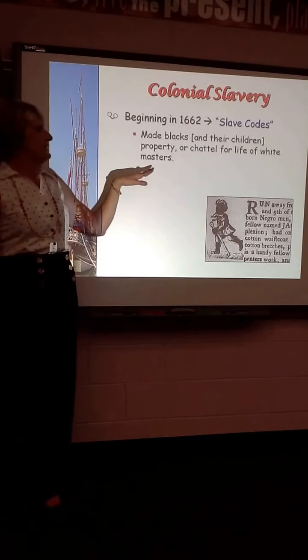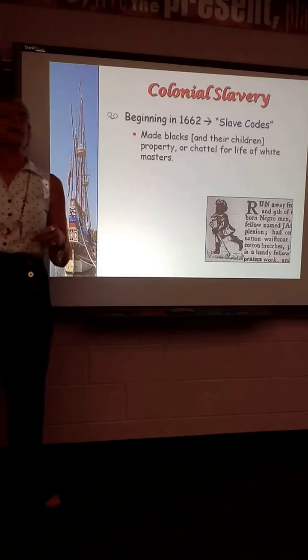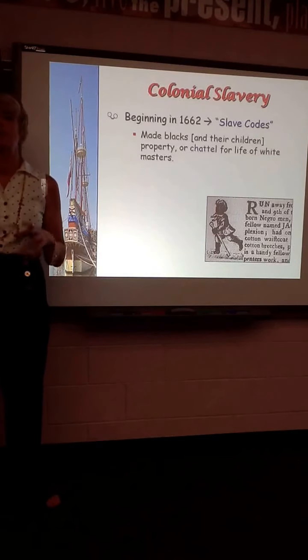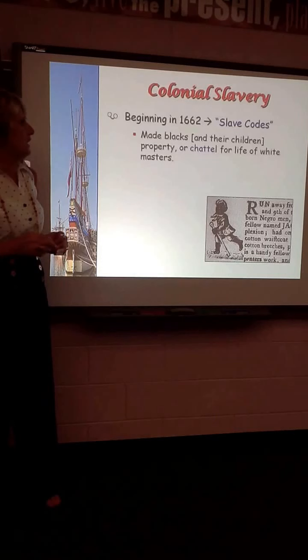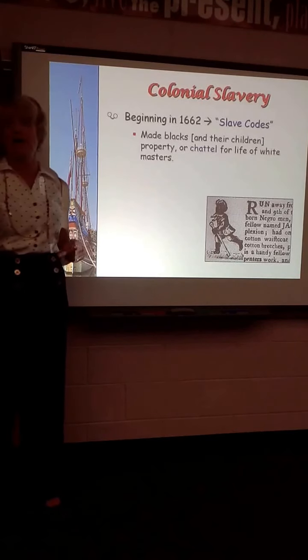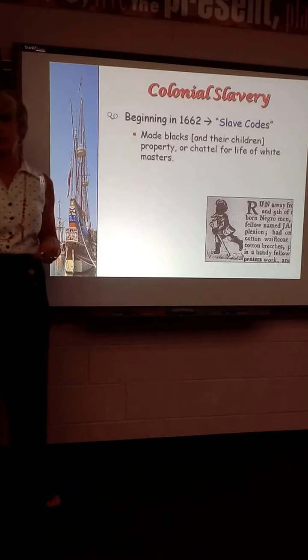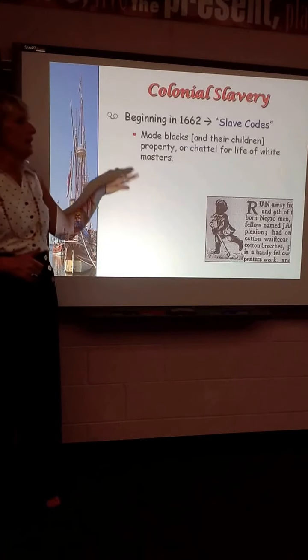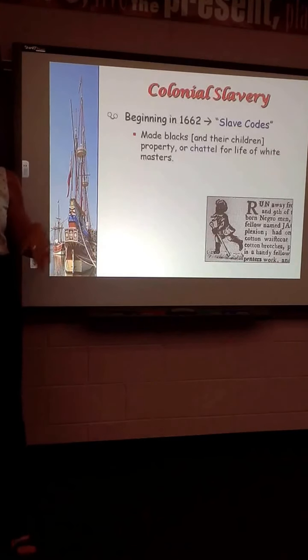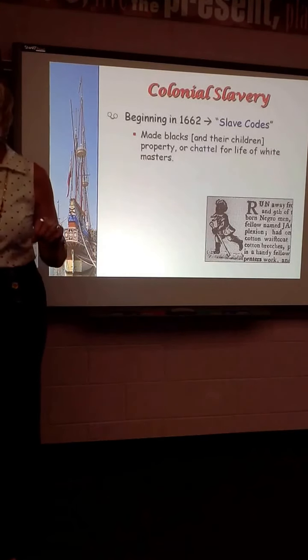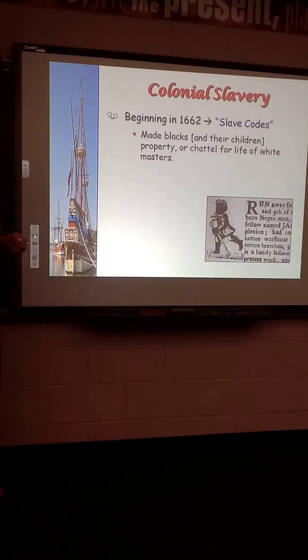And what these codes did is they legally made slaves and their children property or chattel for life of their white masters. So from this moment on, if you were a slave, you were never considered anything else but the property of the master.